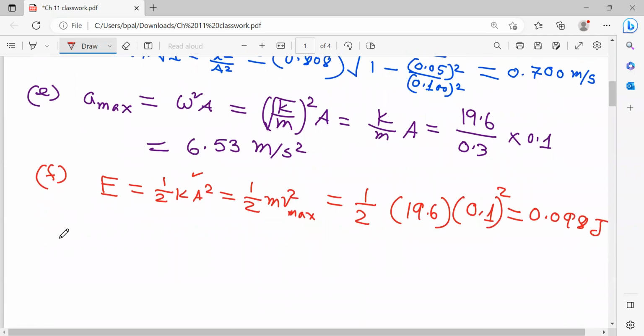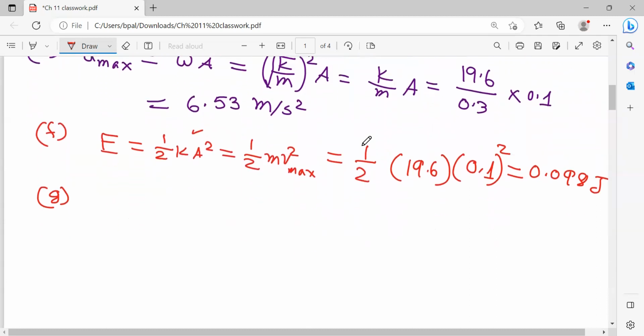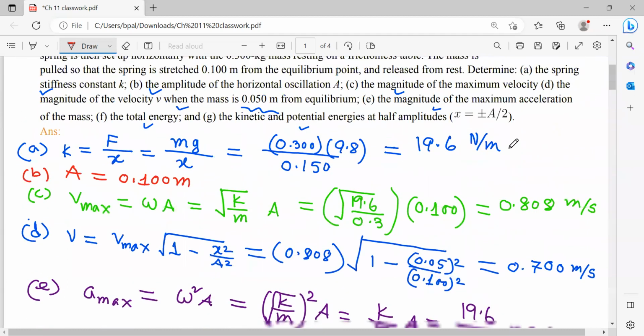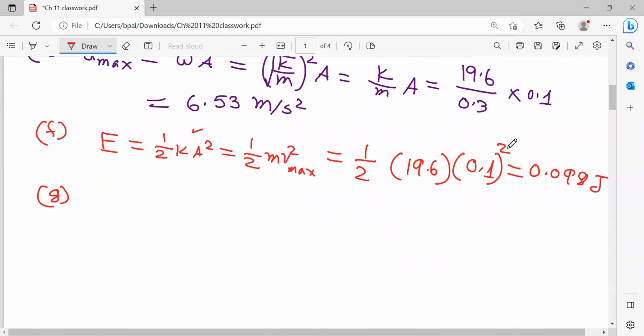And then the last one is the kinetic energy and the potential energy at half amplitude. Half amplitude means A over 2, which is 0.1 over 2, equal to 0.05 meter.